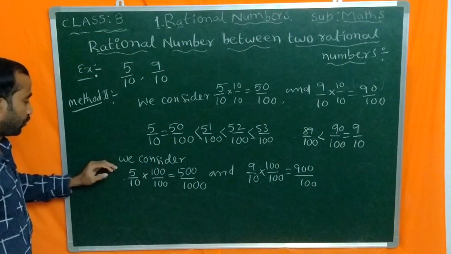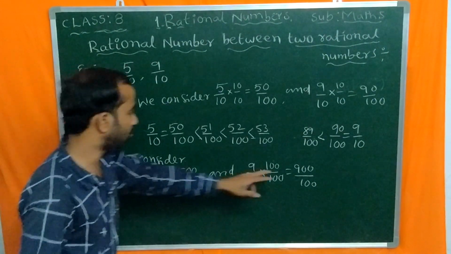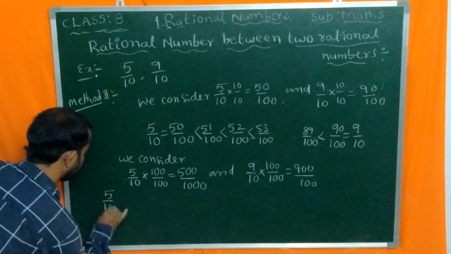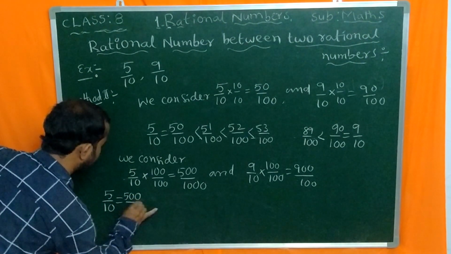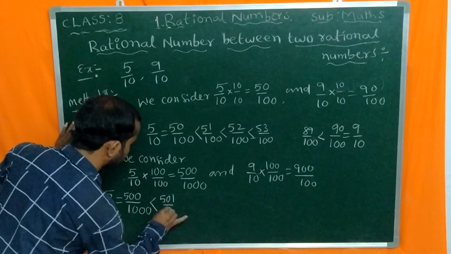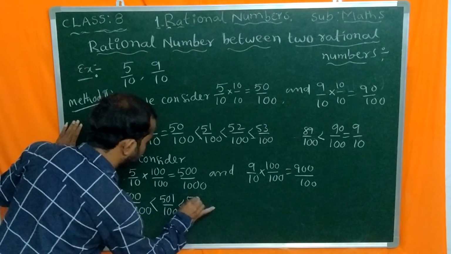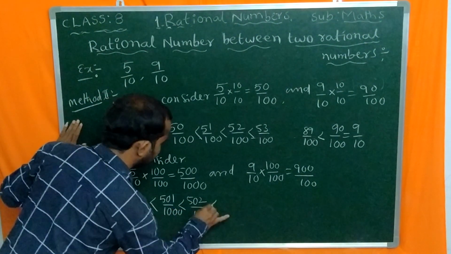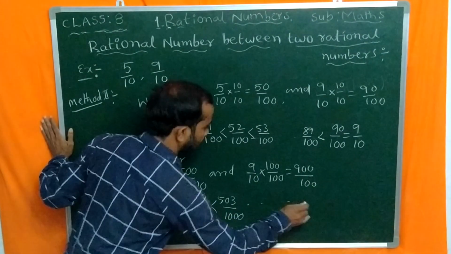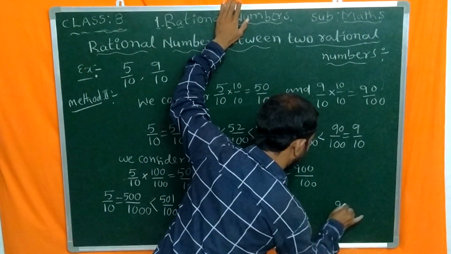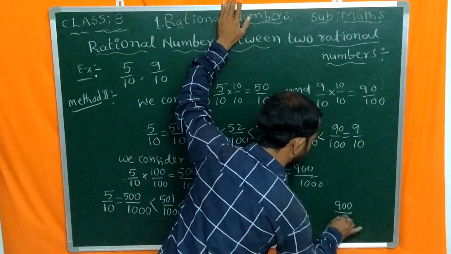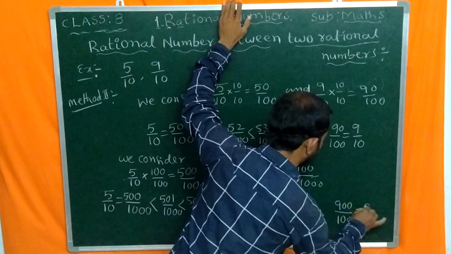So we can write many rational numbers between these two. First, 5/10 equals 500/1000, then 501/1000, next 502/1000 is less than 503/1000, and so on. The last number is 900/1000, which is equal to 9/10.